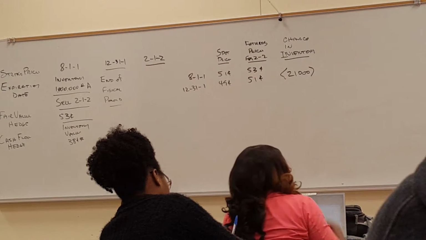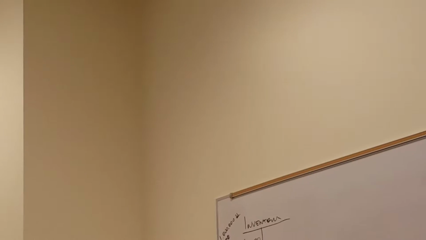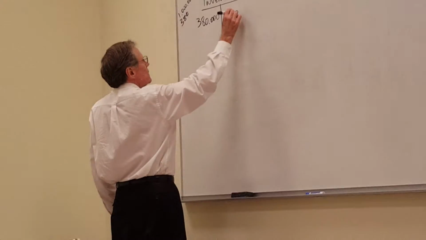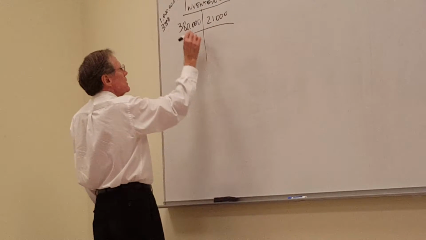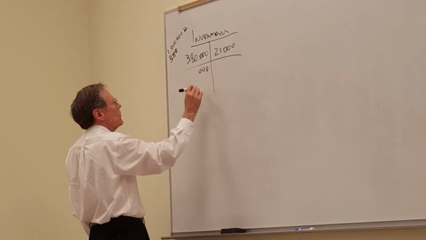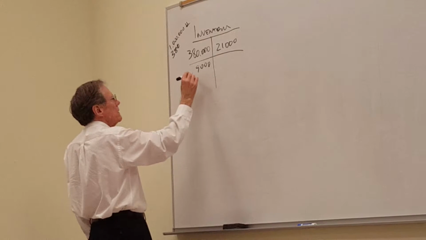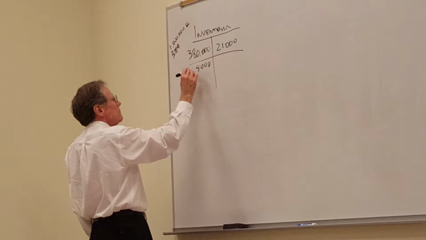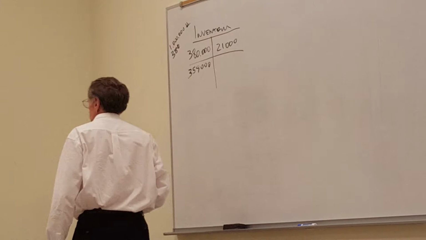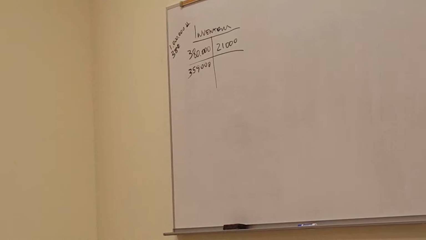We'll come over here and look at what's happened on the inventory. We have $21,000, which has reduced it. So now the value of our inventory is $359,000.